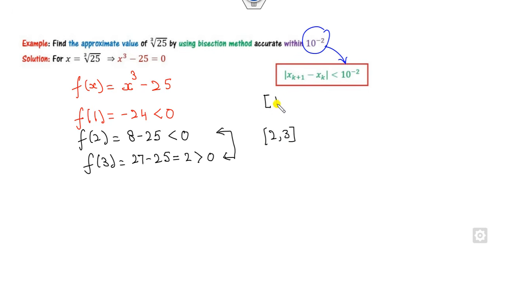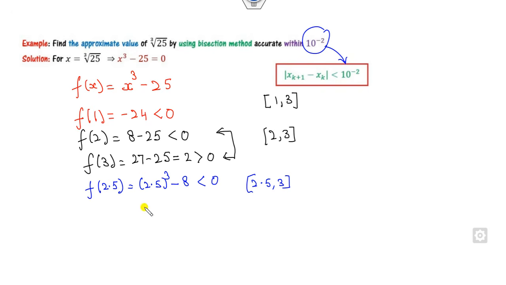You may take 1, 3 as well, but the length is very large, so it may take more iterations. You can choose the interval as small as possible. You can also think about that. If you find the value of 2.5 cube minus 25, check whether it is less than 0 or not. If it is less than 0, then you can see the root lies between 2.5 and 3.